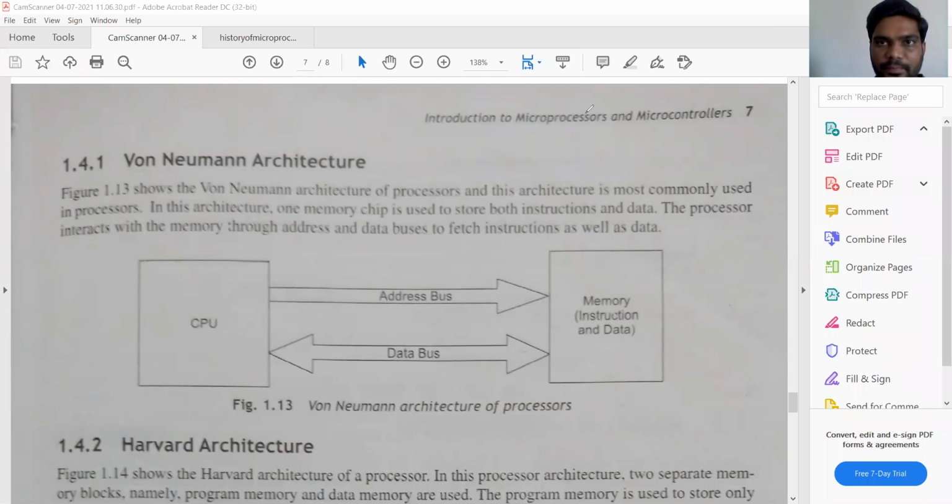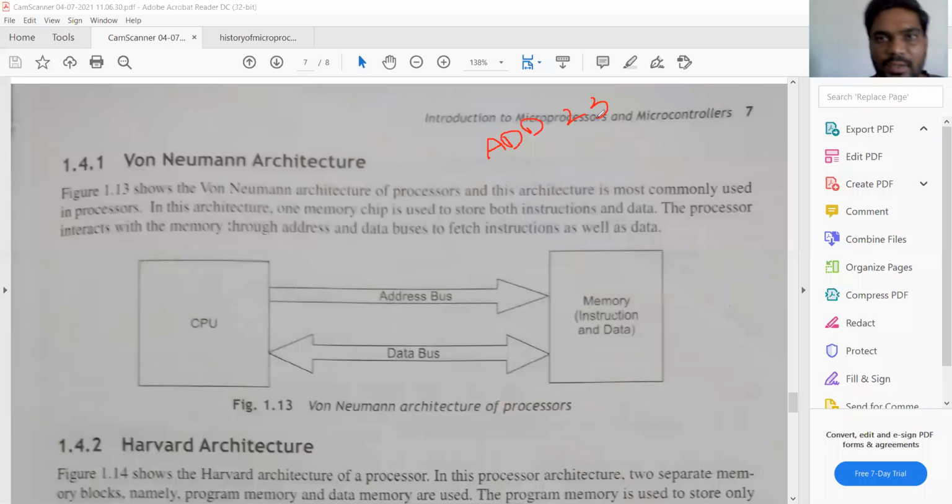Right, friends. I'll annotate it for you. Suppose, let us say I have add 2 3.